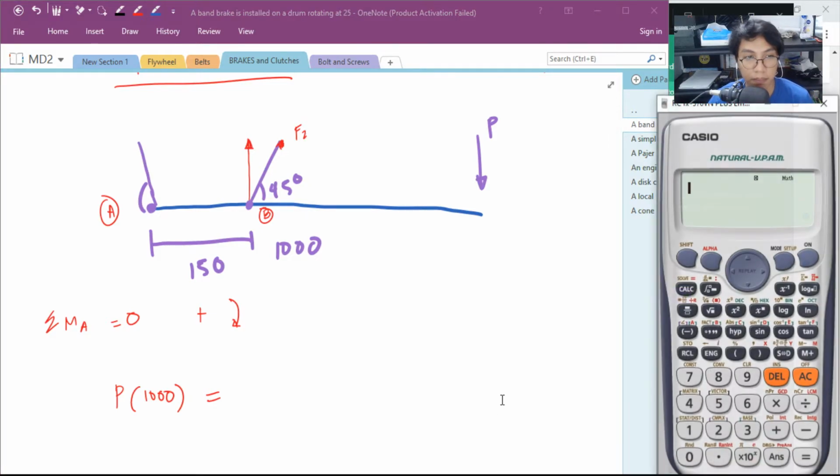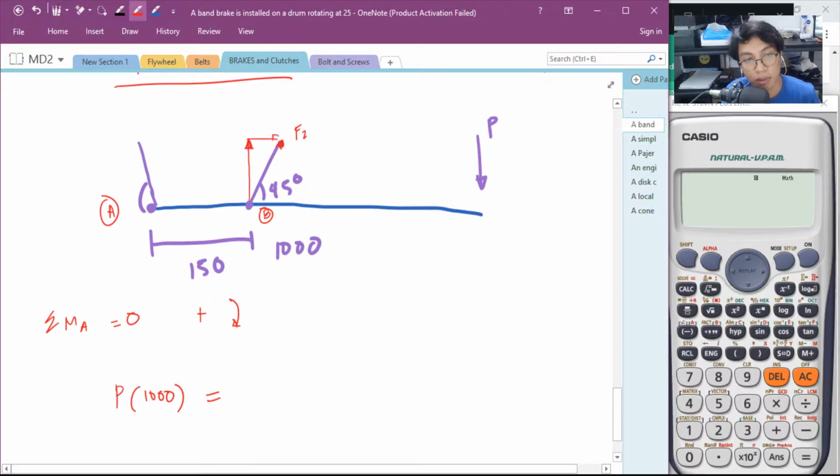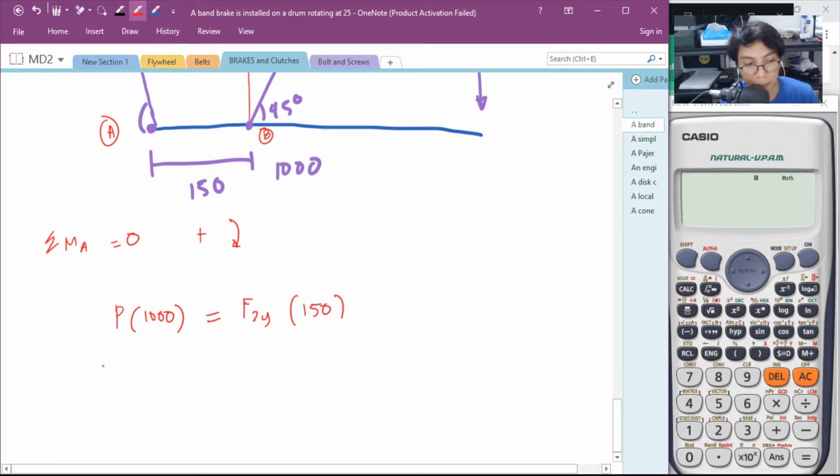Pag-triangle mo, ang force component nito, Y, ang force component nito, X. Ibig sabihin, XY, sine to. So, the force component of F2, F2Y, multiplied to, ano yung distance niya from A? 150. Okay, let us simplify. P multiplied to 1,000, F2Y, hindi yan F2. So, that is F2 sine theta multiplied to 150.